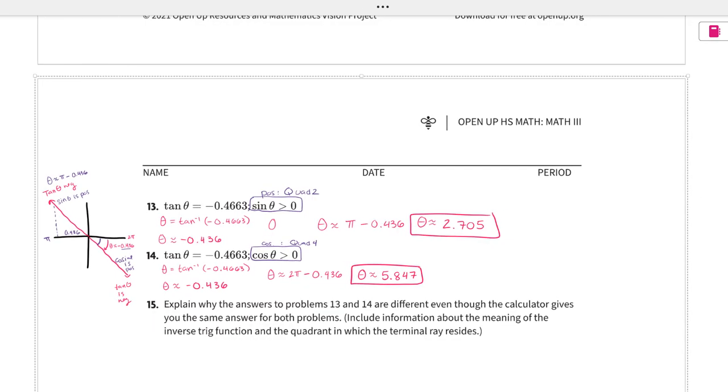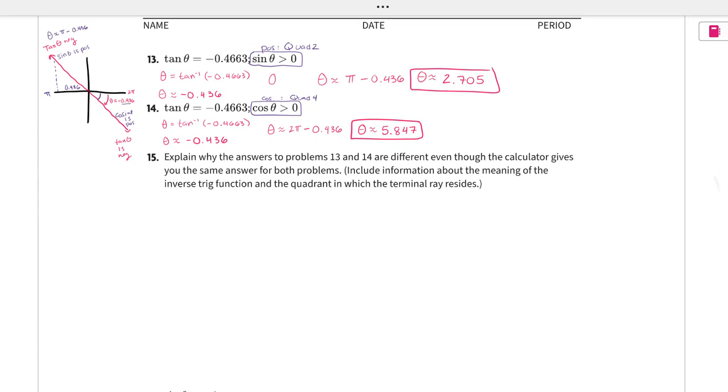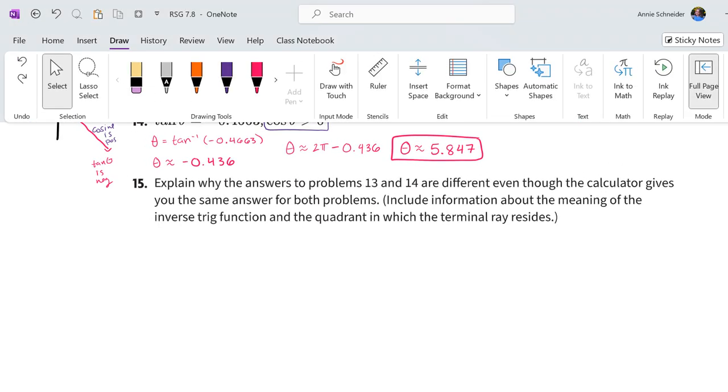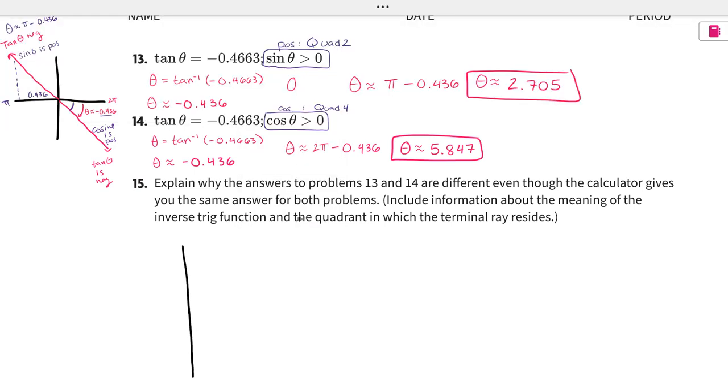Just like the last couple sets of problems, it says explain why the answers to problems 13 and 14 are different, even though the calculator gives you the same answers for both problems. So we're going to talk about tangent now, and what the options are when we do inverse tangent.